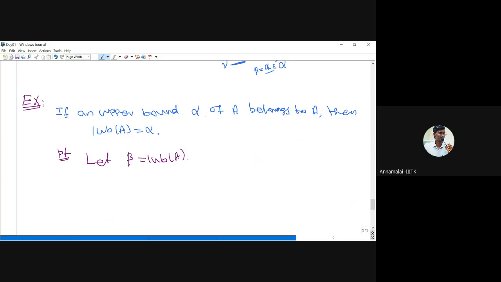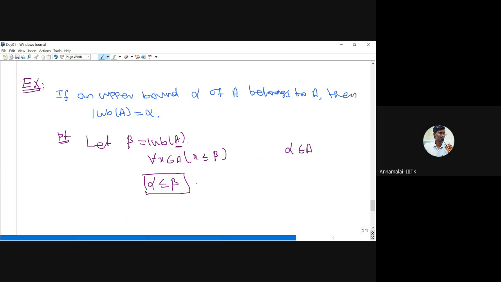It is given, and then alpha belongs to A. So by the definition of LUB, for every element x in A, x should be less than or equal to beta. We know this. And it is given that alpha is a member of A. Therefore, in particular, alpha is less than or equal to beta. We get one. Okay, now it is given that alpha is an upper bound.